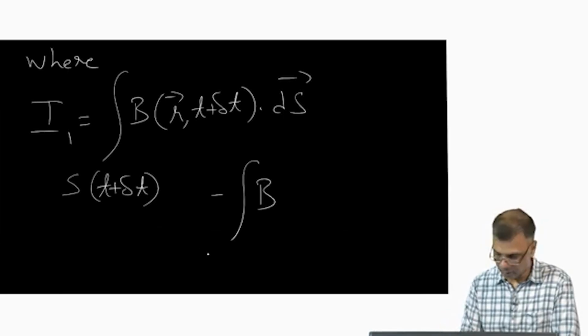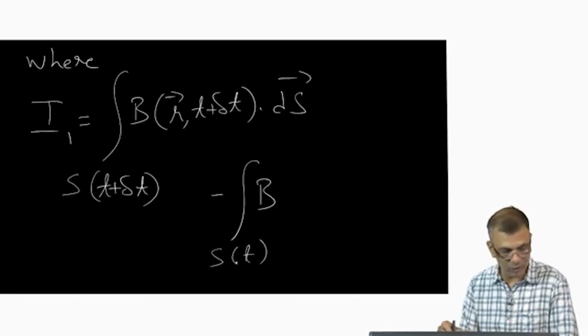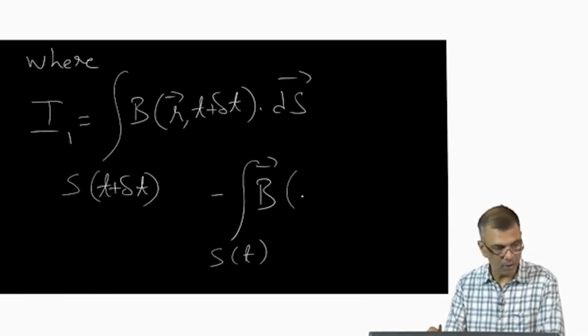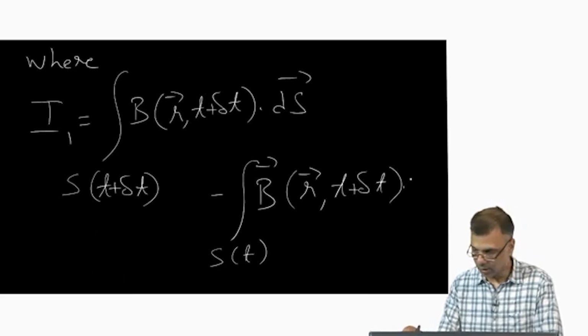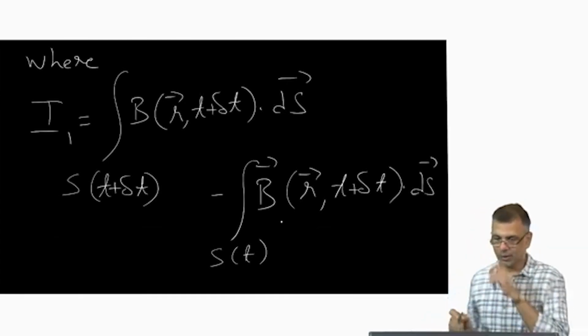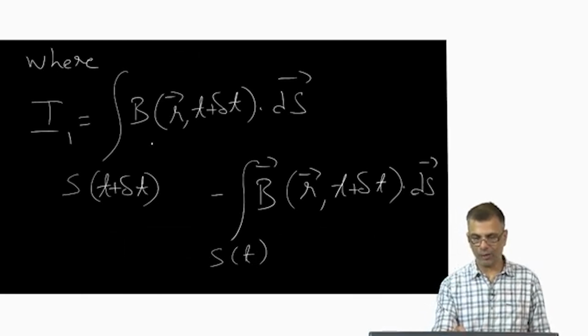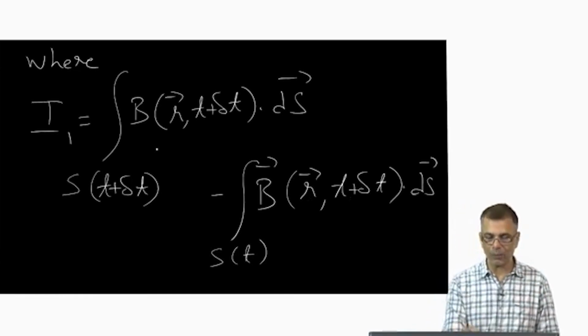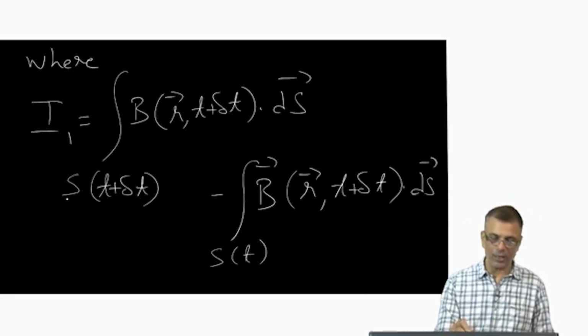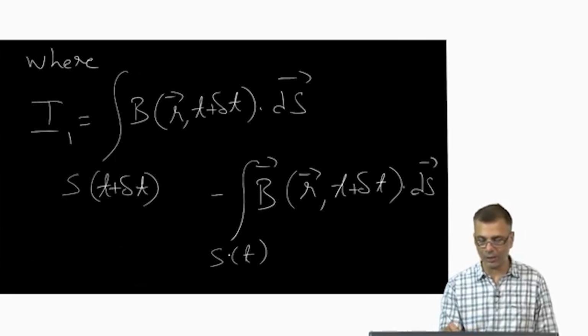The loop position is changed. Now, what's the difference between this piece and that piece? You see the integrand is the same. The integrand is B at r, t plus delta t. Here also it is B at r, t plus delta t. What's the only difference between this piece and this piece? The fact that the S, the area you are integrating it over, has changed. Here it was t plus delta t, here it's t.